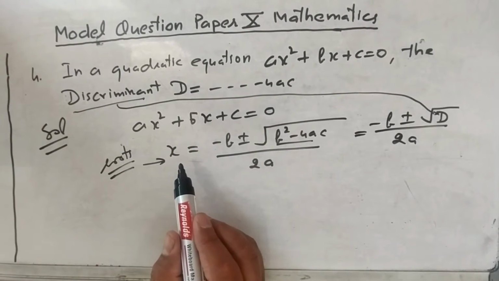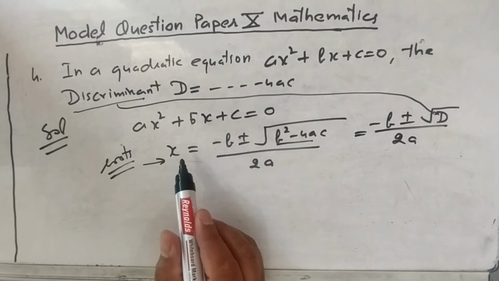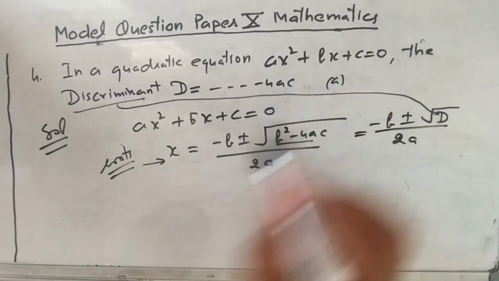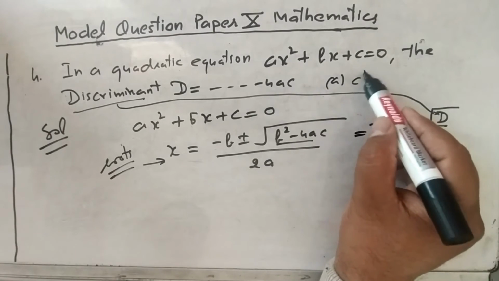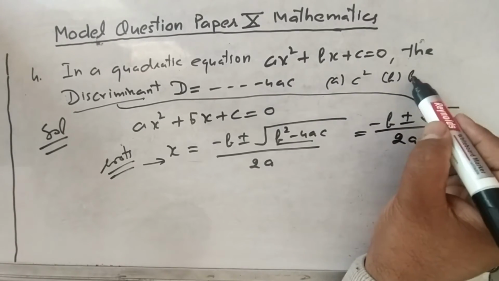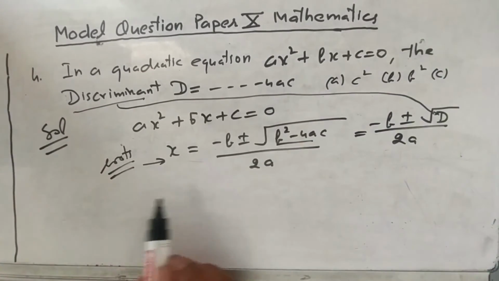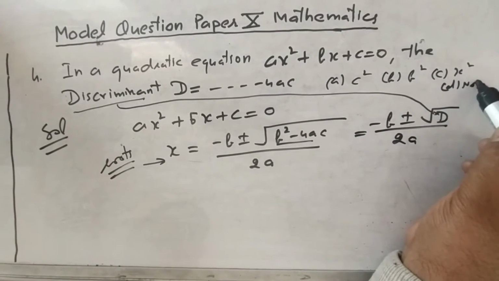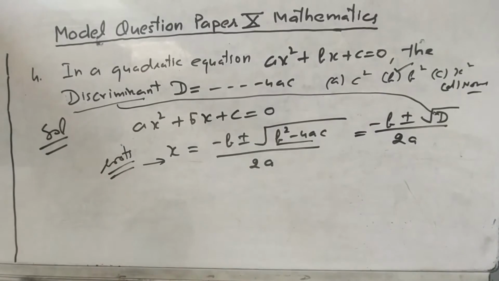So, you have the options here. The first option is c square, second option is b square, third option is x square, and D part is none. So the answer to this question is b square.